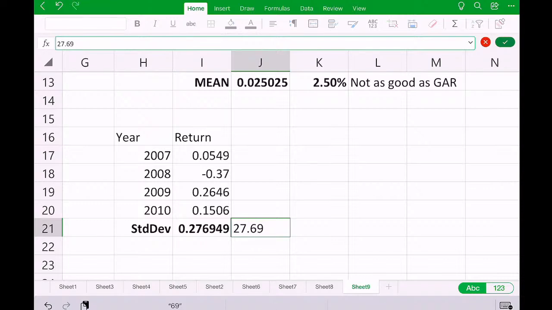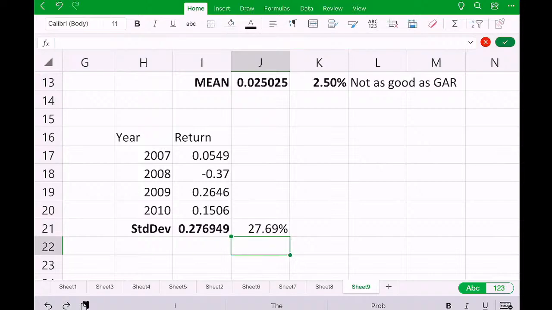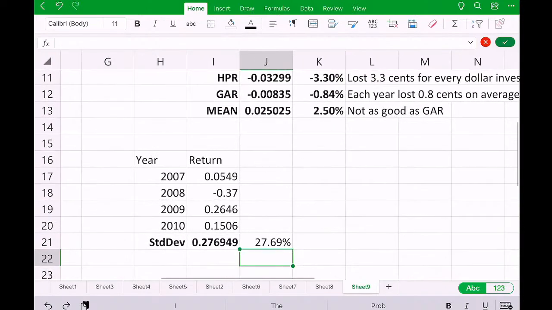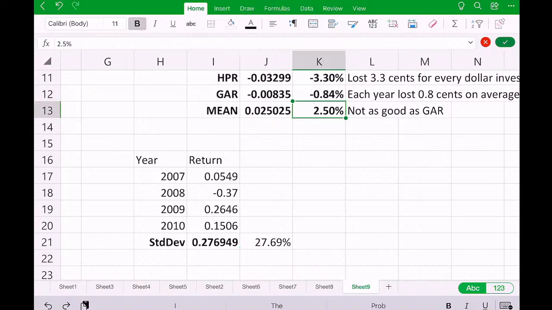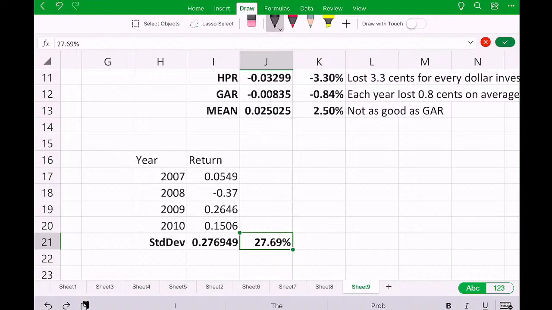So if you remember, how do we interpret that? With a mean, we would have to use the arithmetic mean that we don't even want to use, and then the standard deviation. And I decide, well, we don't think that this is very meaningful.